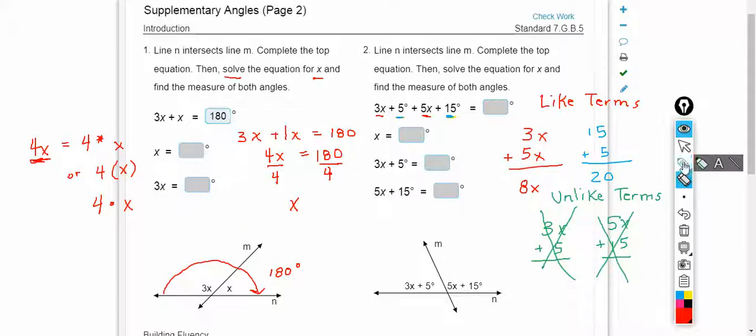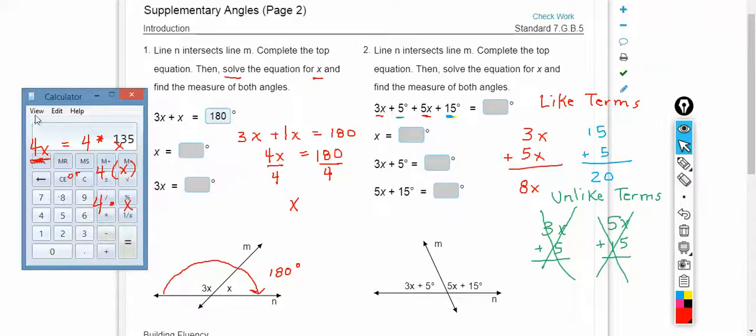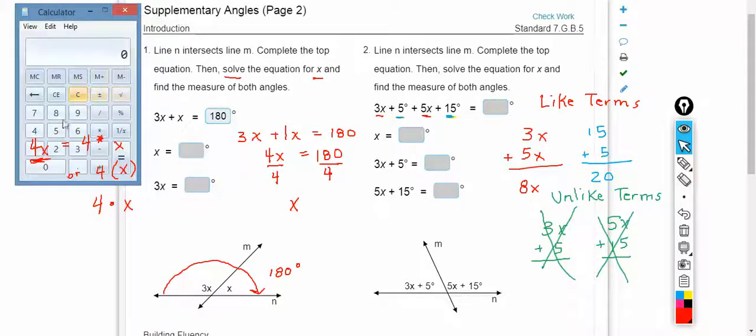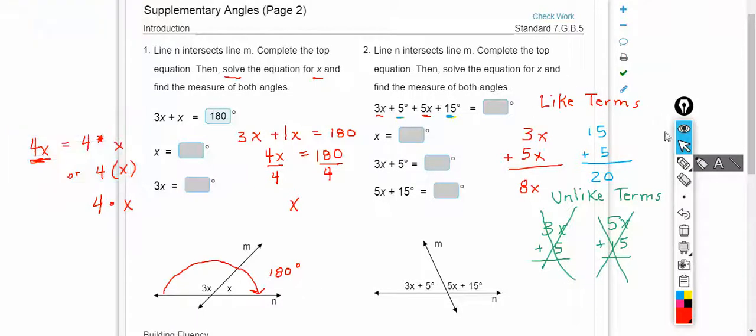You know that 4 divided by 4 equals 1. So this becomes a 1x.